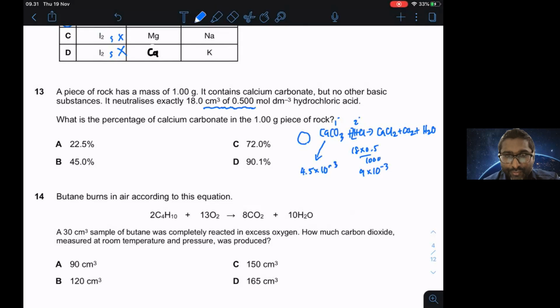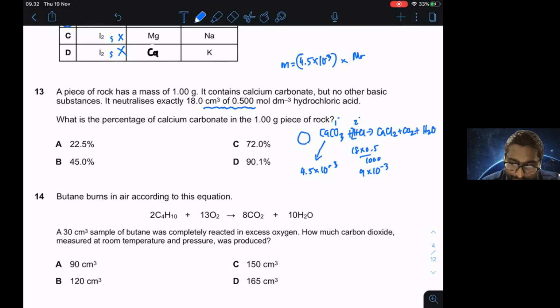Then what I need to do next is find the mass of calcium carbonate. The mass of calcium carbonate is going to be the number of moles, which is 4.5 times 10 to the power of -3, times the Mr of the calcium carbonate. You find out the Mr of calcium carbonate is going to be 100.